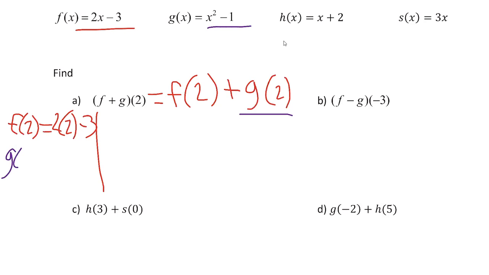So that would be 2 squared minus 1. So if we work these out, f of 2, 2 times 2 minus 3 is 1. So this is really 1 plus. Then if we work out our g function, 2 squared minus 1 is 3.